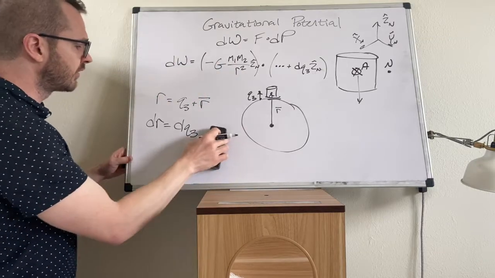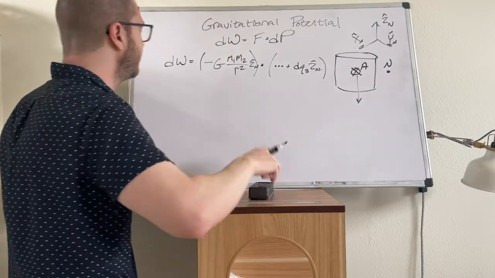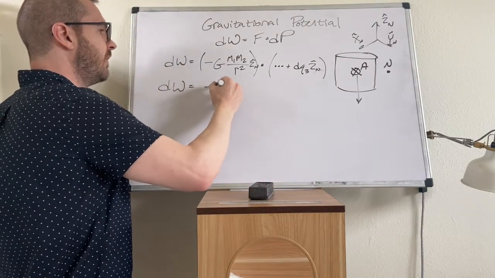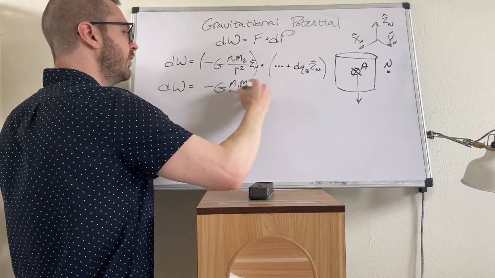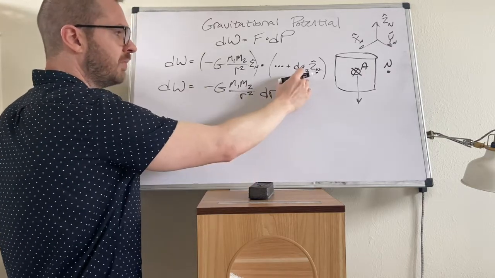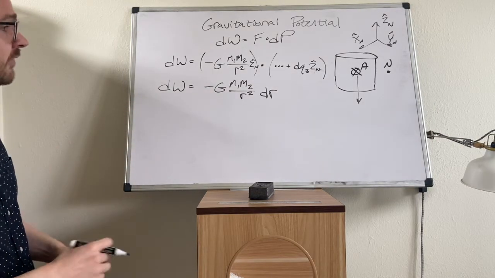So what we can do with our expression above, we can rewrite it then, and we can say that dW is going to equal minus G m1 m2 over r squared times dr. I have replaced the dq3 with dr since this one's already in terms of r.